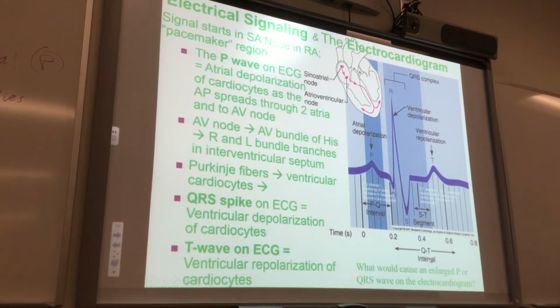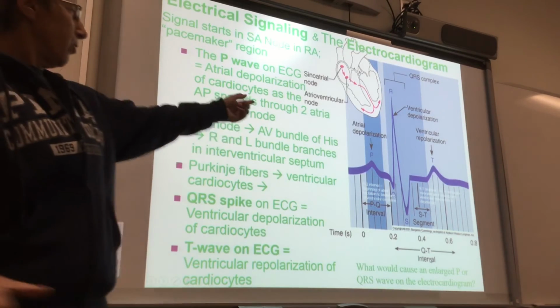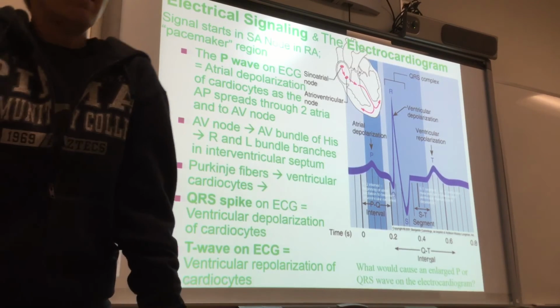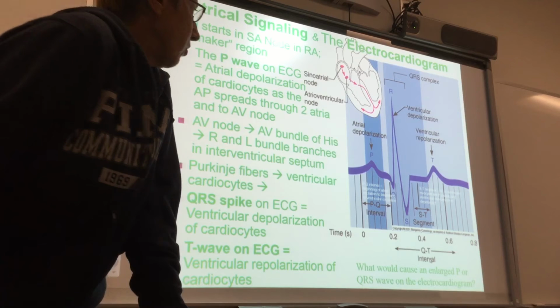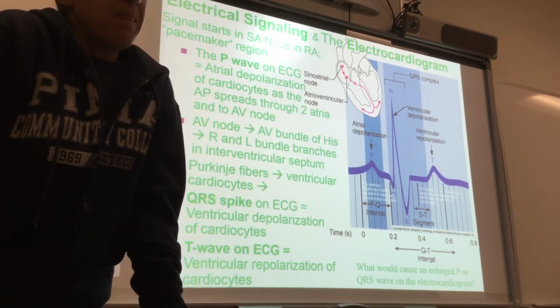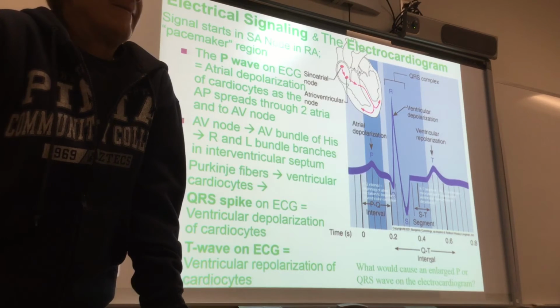So what do you think would cause an enlarged P wave? What pathological condition, or maybe not pathological, would make the P wave get bigger? Well, you have to think of what makes the P wave. Why is there a P wave?